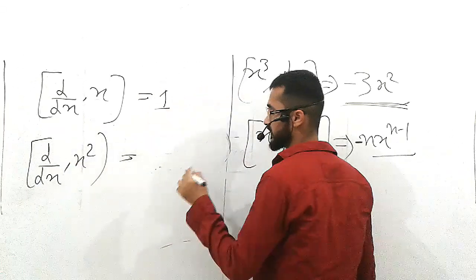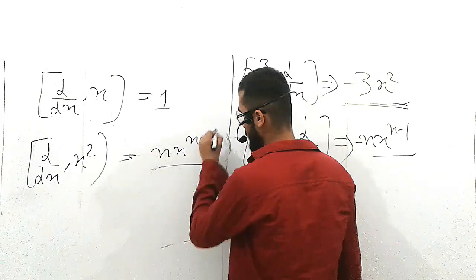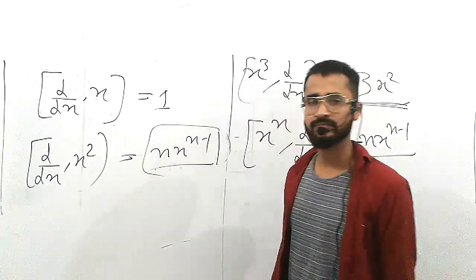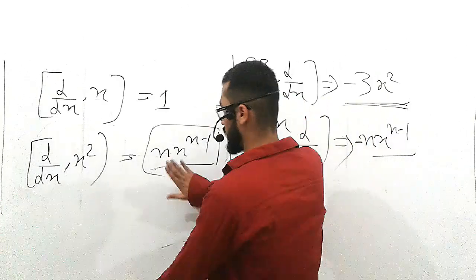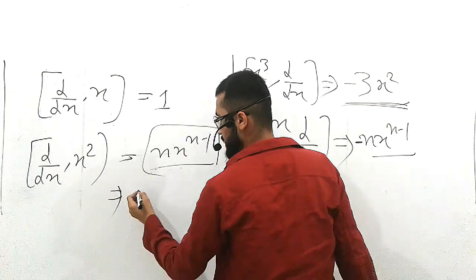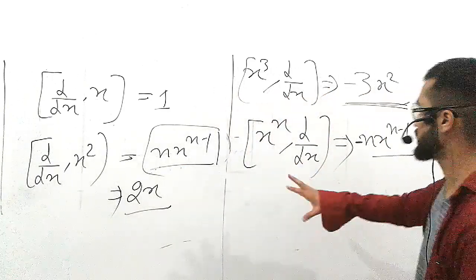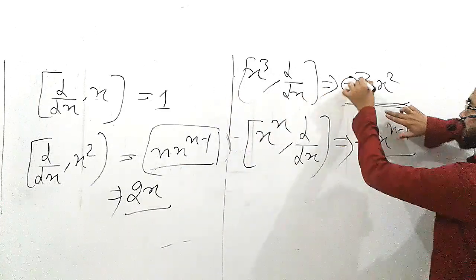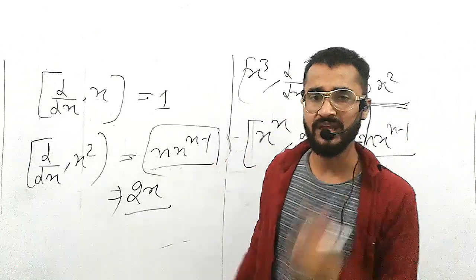Simply the differentiation formula n x power n minus 1 we will apply here. It is a tricky manner to remember these commutators. Now x square will result in 2x. We simply remove the negative sign, and the resultant will be the same as we previously discussed.